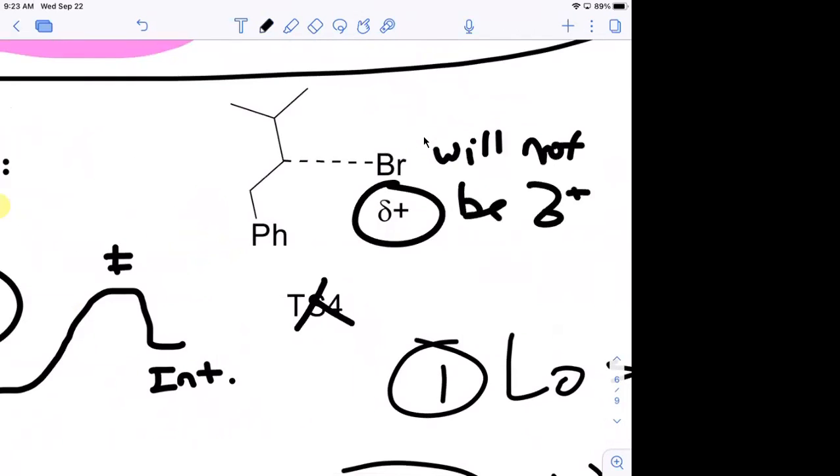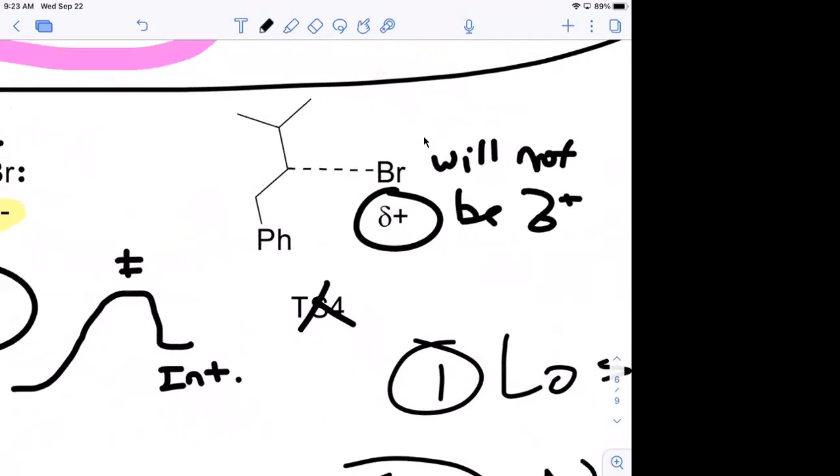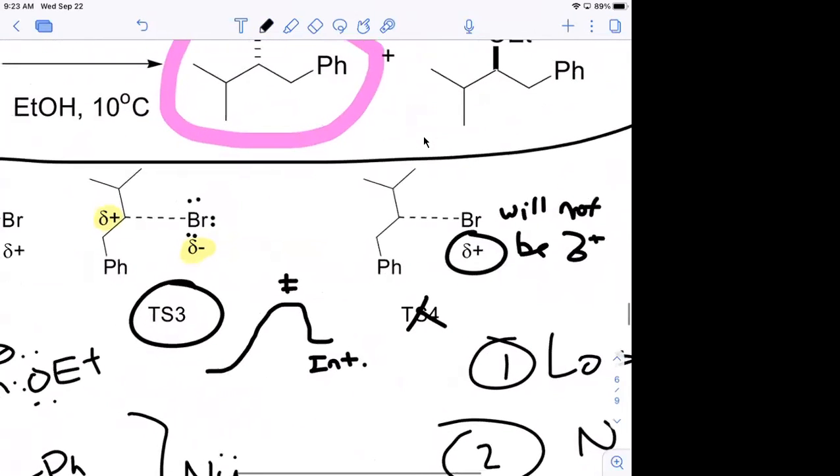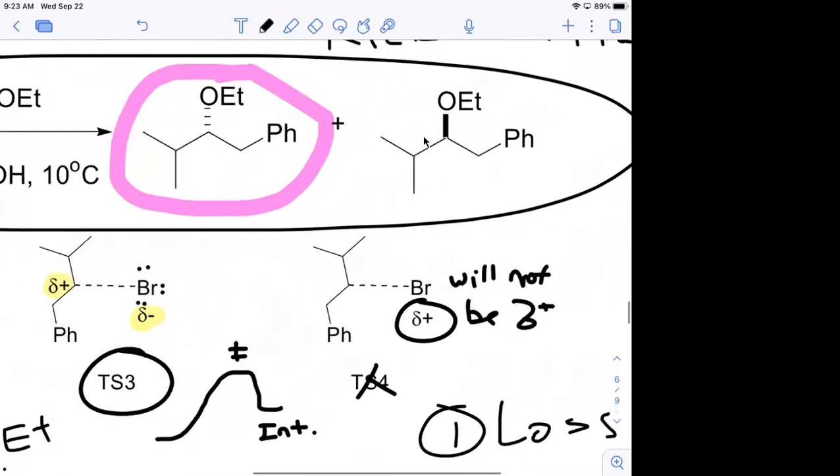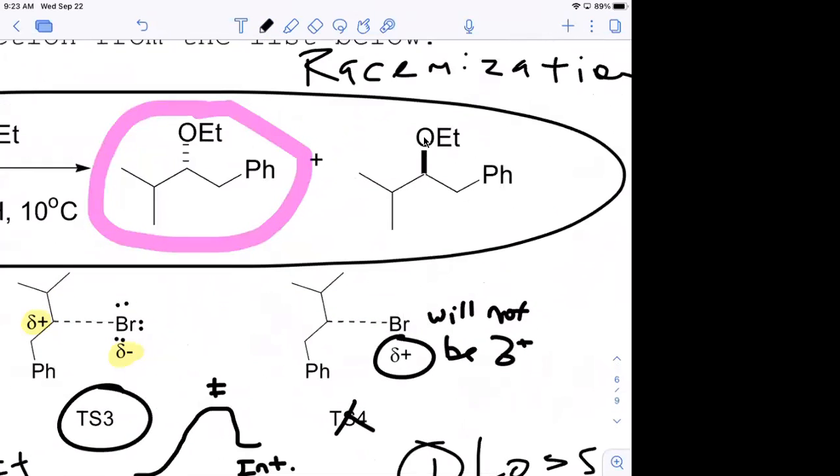I have a question. Go ahead. So back to when you were talking about the racemization, were you saying that that was kind of the giveaway? Yes. Because with the SN2, it's supposed to come from the opposite side, and this time it comes from either side. Yes. So for SN2, you get inversion because the nucleophile is coming in at the same time that the leaving group is leaving.